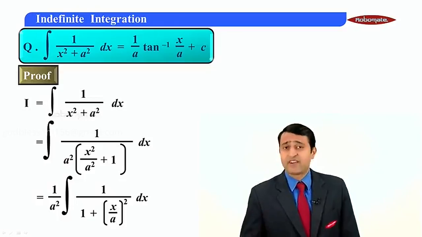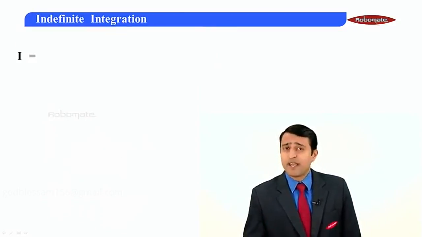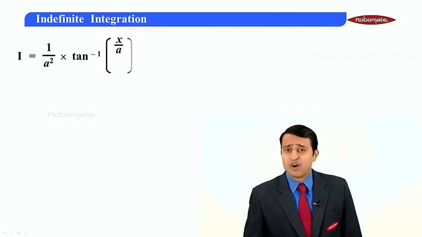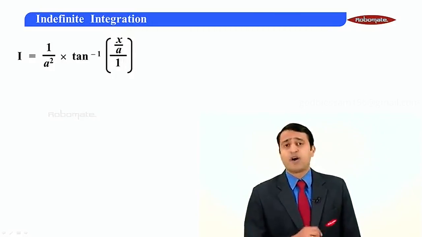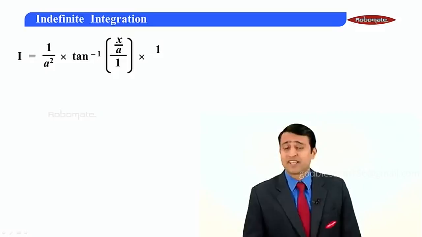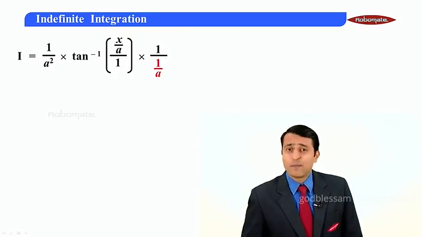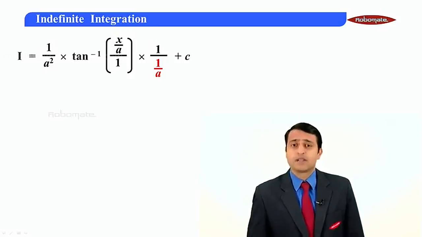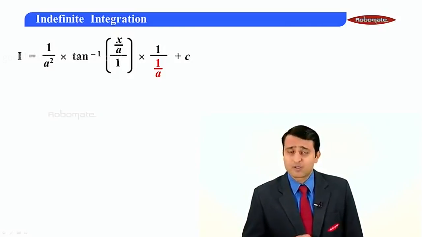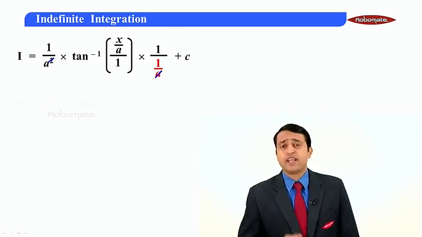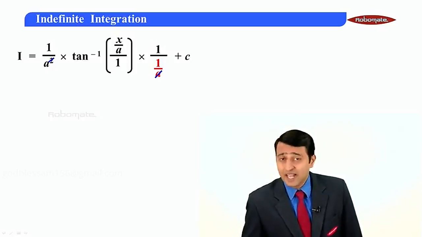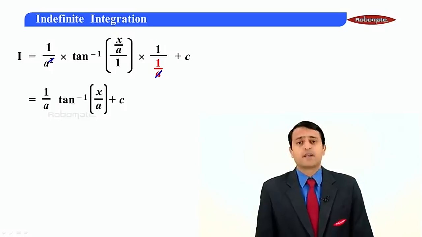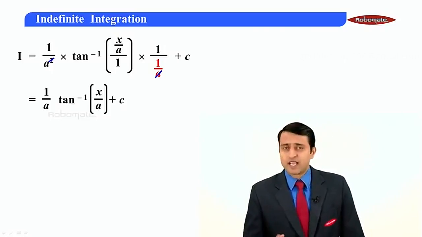So we can write the answer as 1 by a square, which was there as it is, into tan inverse of x by a, into 1 upon 1 by a, because the coefficient of x is 1 by a, plus c. Now my dear students, the a here and a in this a square will get cancelled to get 1 upon a tan inverse x by a plus c, and that is what they had asked for.